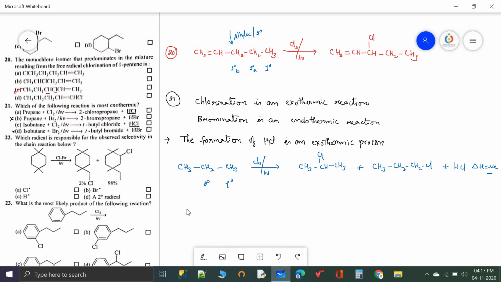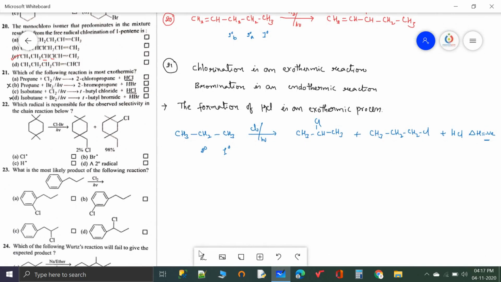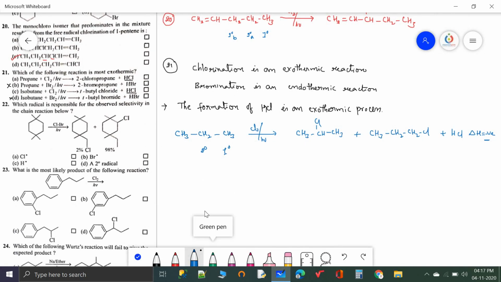I will take one example here, only for example purposes. Do not consider these the real values. I would like to break this secondary carbon-hydrogen bond, which needs 10 kilojoules of energy. Imagine the formation of HCl releases 20 kilojoules of energy.